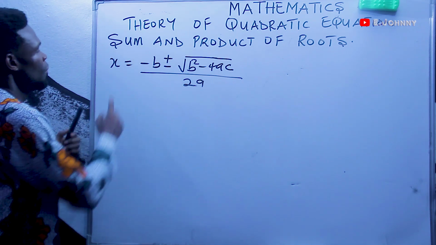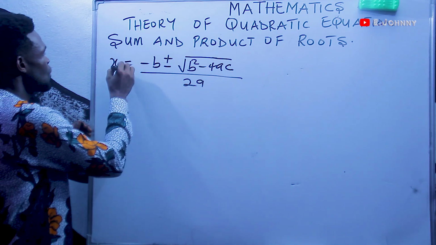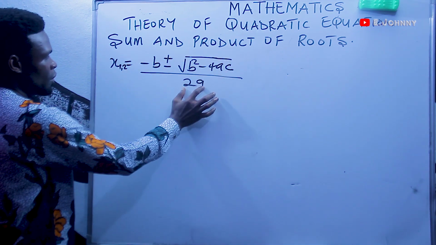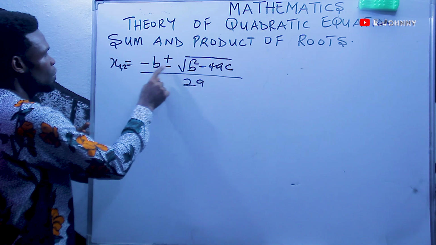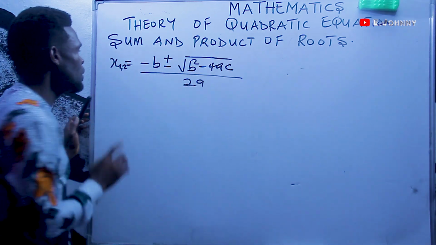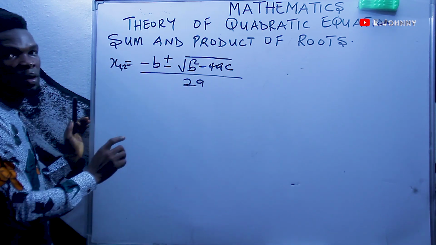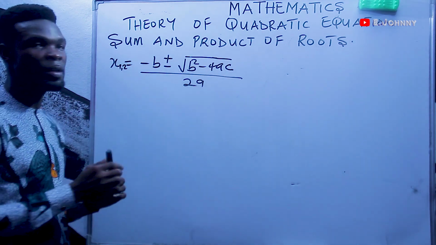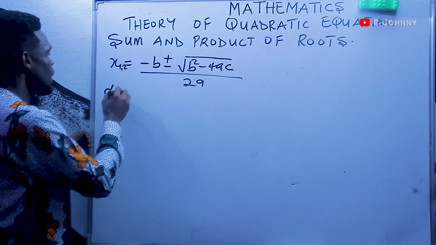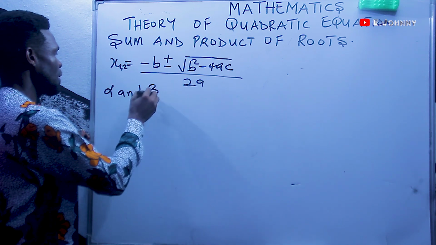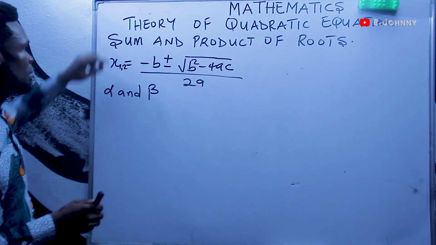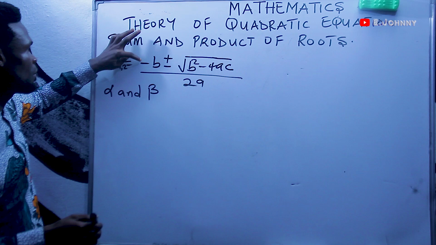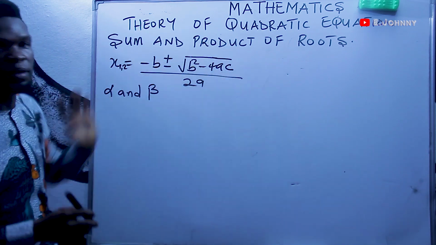This time around, remember, I can say let this be x1 and x2. That is, let the first one x1 be minus b plus this over this, and x2 be minus b minus this over this. But instead of using x1 and x2, now I want to consider the roots to be alpha and beta, where alpha is minus b plus this over this and beta is minus b minus this over this.